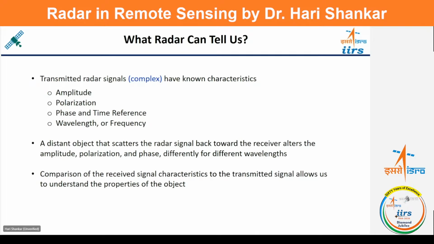And the radar is capturing complex signals rather than simple amplitude or real signals. Because of the complexity of the signals, we can derive two types of information, the amplitude as well as the phase information.